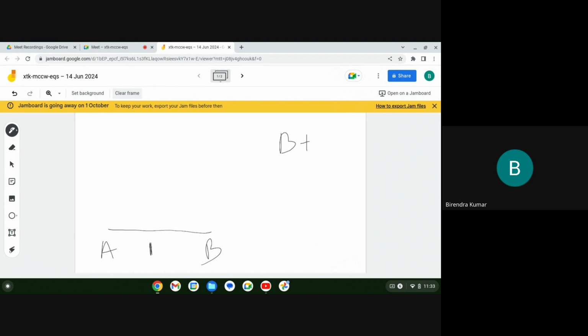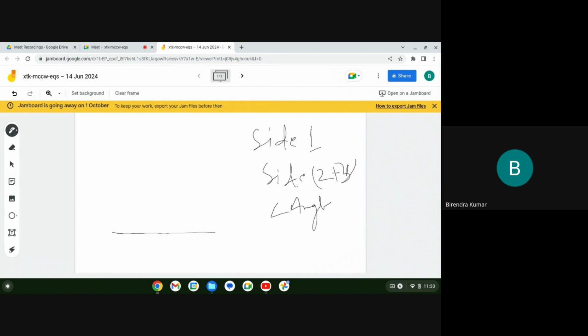I'm probably confusing you by giving wrong nomenclature. I have side 1 given, side 2 plus 3 given, and angle 1 is given. I have one side, sum of the two sides, and the angle given.